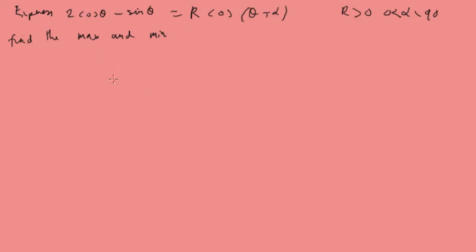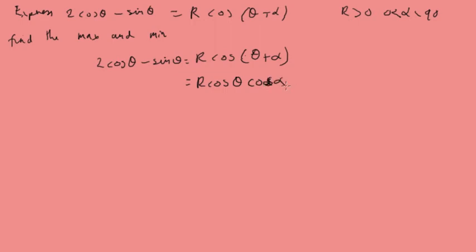So firstly, 2 cosine theta minus sine theta is going to be equal to r cosine theta plus alpha. We expand that out and get r cosine theta cosine alpha minus r sine theta sine alpha, and now we're going to equate coefficients.